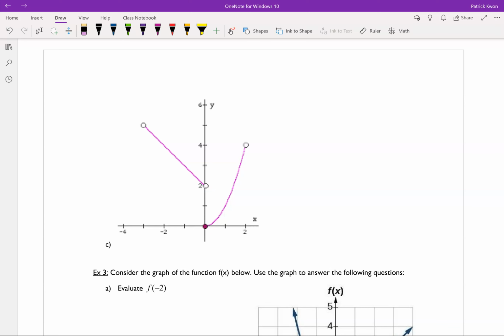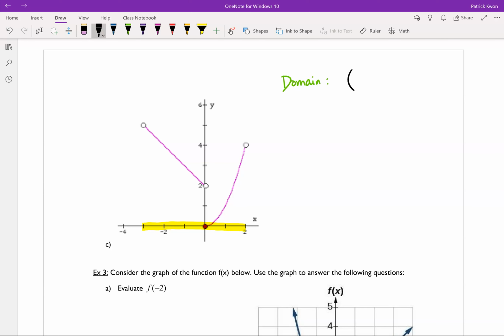So let's now talk about the domain and range. So the domain is the x values, so from there to there. Now notice the endpoints have open circles, so that means that those points are not contained on our graph, and so that means that we're going to need to use parentheses.